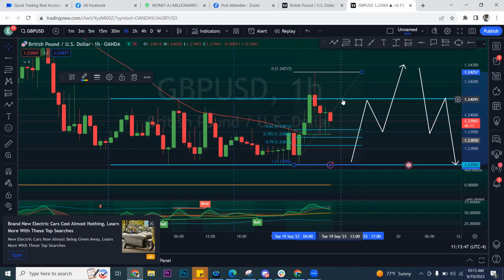So if it breaks above here, which is 1.2409, in 13 pips, it'll be here. So that's giving it time to move in the direction it needs to go to get you where you need to be.